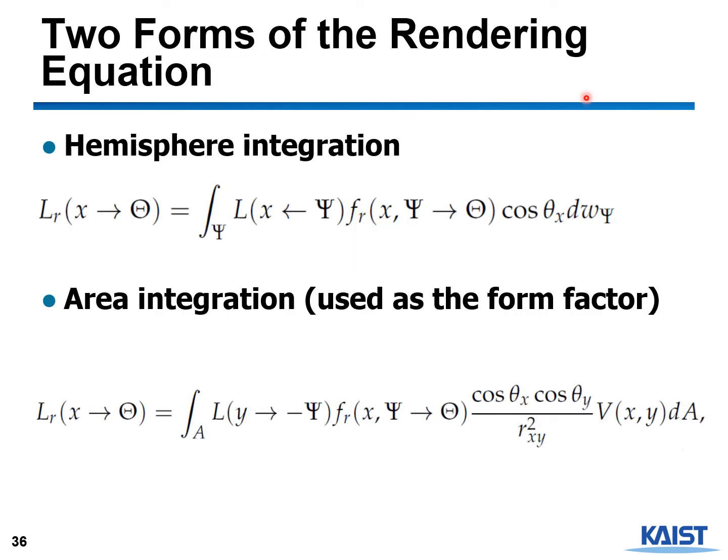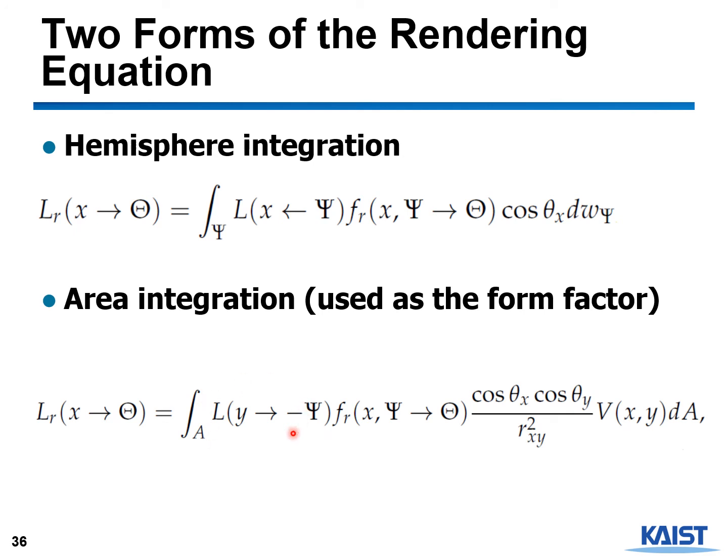In summary, we talked about two forms of the rendering equation. They're essentially the same thing. This is the hemisphere integration: reflected energy computed by integration over the solid angle with the incoming radiance, BRDF, and the cosine term over the solid angle. But the area integration is where we integrate over all the points on the triangles over the surfaces.